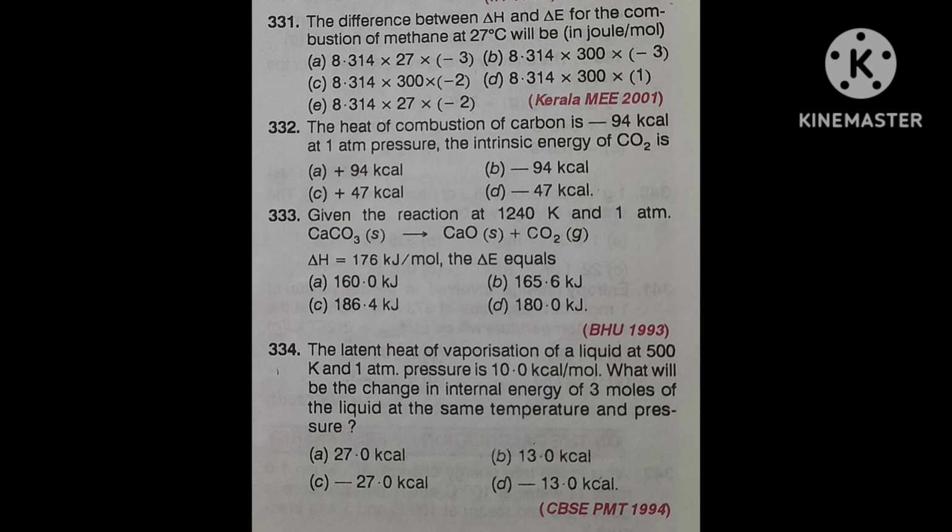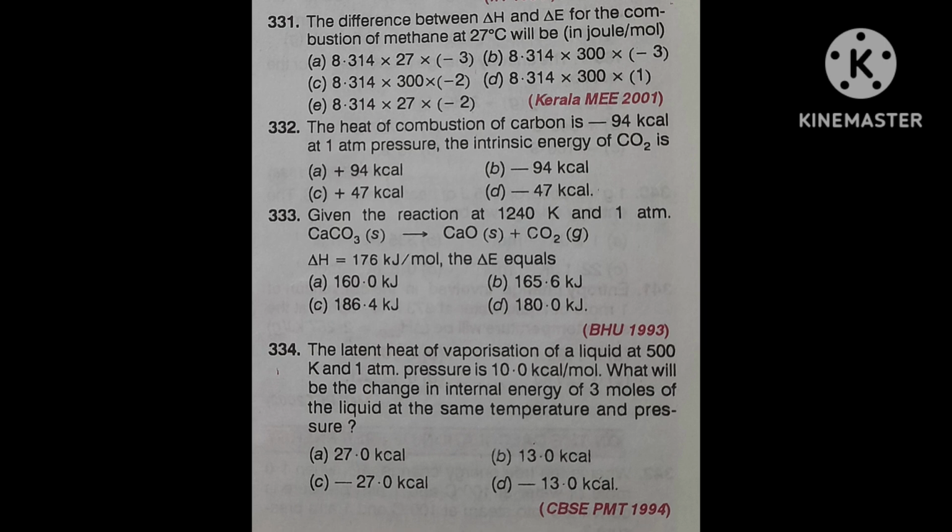Second, 8.314 into 300 into minus 3. Third, 8.314 into 300 into minus 2. Fourth, 8.314 into 300 into 1. And fifth option, 8.314 into 27 into minus 2. Five options are given.